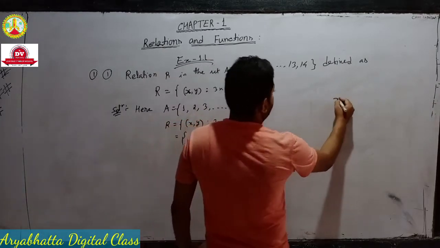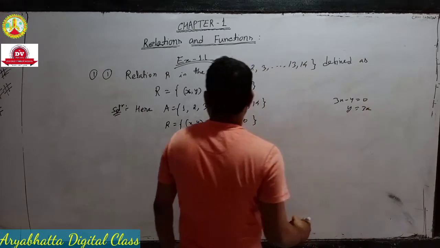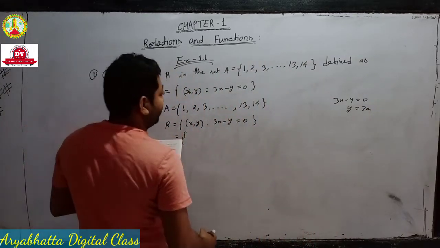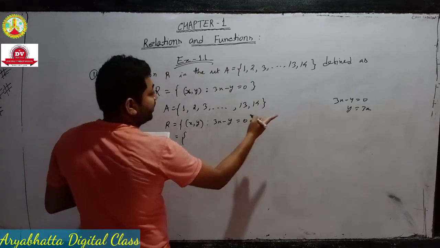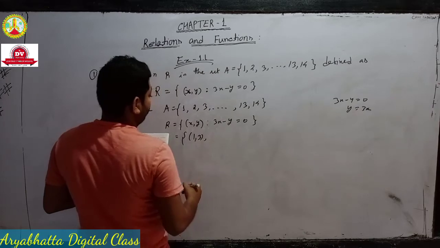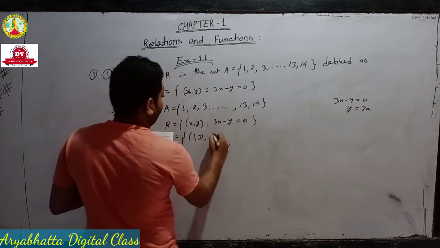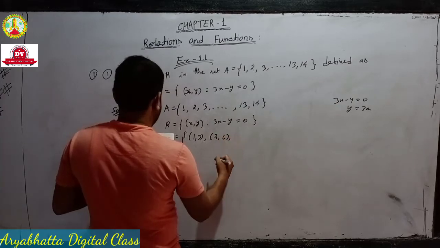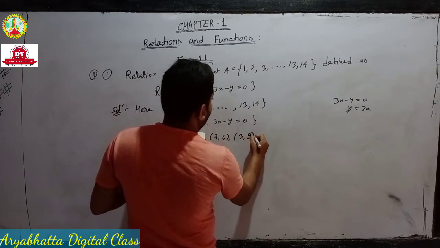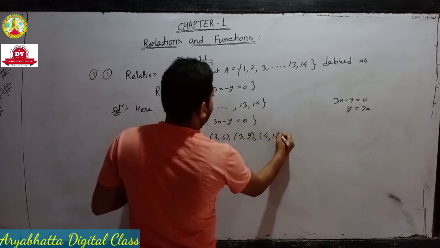Therefore, we can write 3x minus y equal to 0, y is equal to 3x. Putting x equal to 1, we have y equal to 3. Therefore, the first ordered pair is (1, 3). Next, putting x equal to 2, we have y equal to 6. Putting x equal to 3, we have y equal to 9. Putting x equal to 4, we have y equal to 12.